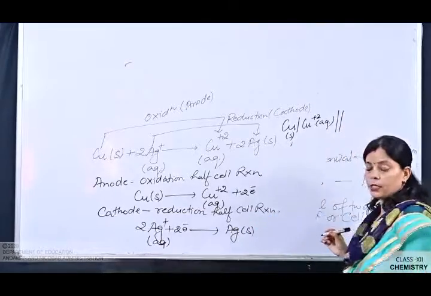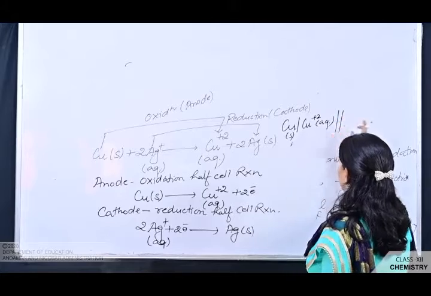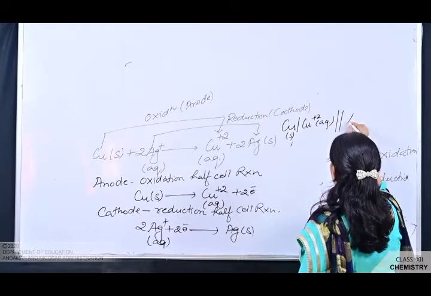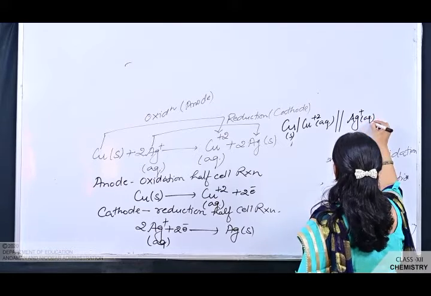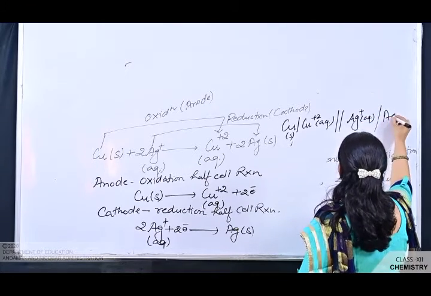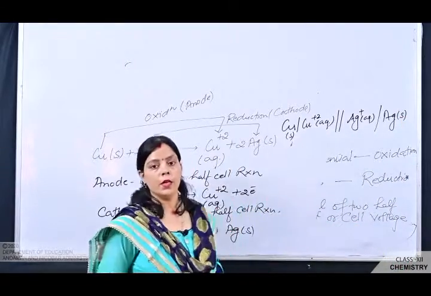Two vertical lines represent that the two half cells are separated by the salt bridge, and here Ag+ aqueous is converted into Ag solid. This is the representation of the cell.